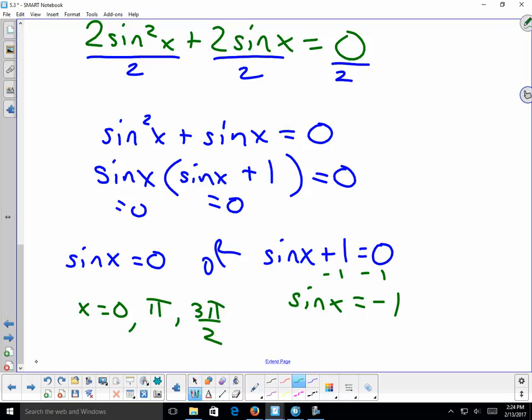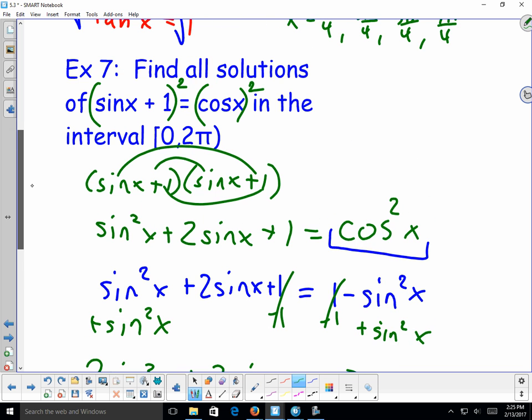But we need to check all of these in the original equation. If you're born in the month of January, February, March, or April, plug in 0 into the original, which is sine x plus 1 equals cosine x.